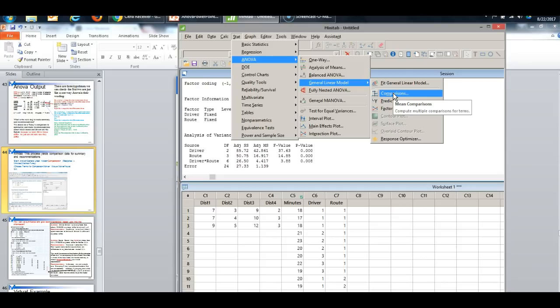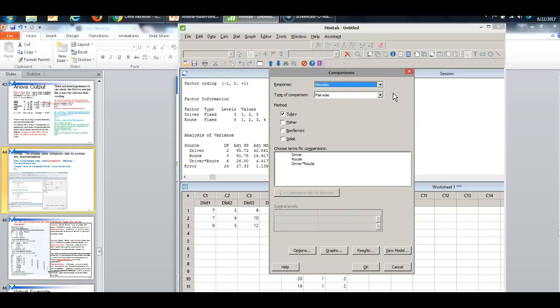Now, you have to have run the general linear model before you can do comparisons, because it's going to be choosing terms for comparisons, type of comparisons, Tukey's. We want Tukey's. And we want to choose the items for comparison. So we need to click each one. Click, click, and click. That way you get the comparison levels for each. So you have to do that. And then you say, okay.